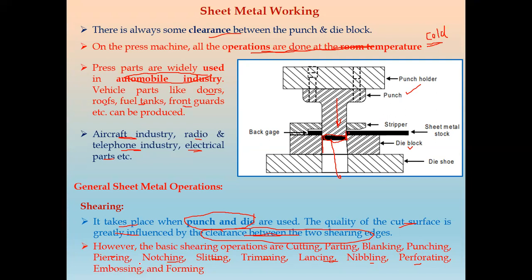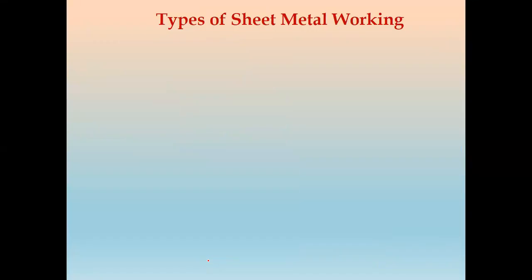So all these operations we are going to see are based on your shearing operation. Okay, so it is from cutting, parting, then blanking, punching and piercing, then notching, slitting, then we have trimming, lancing, nibbling, perforating, embossing, and forming. So we'll see these operations one by one.